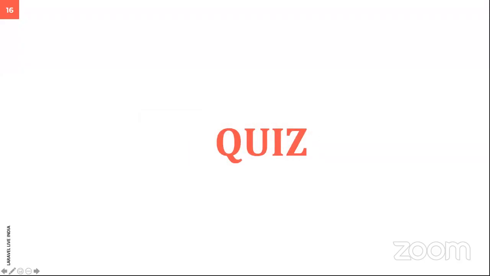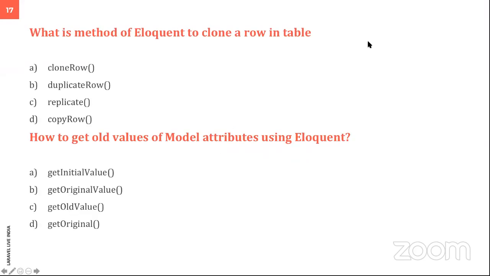Now let's take a quick quiz. For this quiz, I'm going to flash some questions on the screen, and you just have to put the answer in the comments. So let's get ready. I'll give you one or a couple of minutes to answer that. So the first question is, what is the method of Eloquent to clone a row in a table? You can put your answer in the comments.